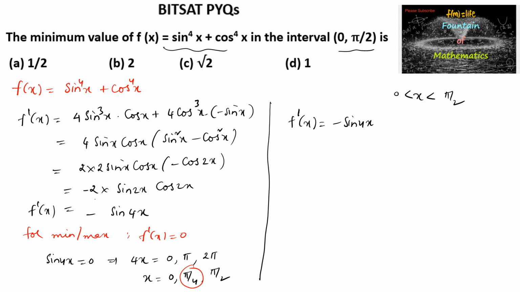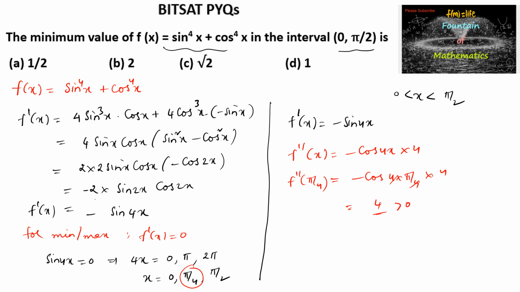Let us find first whether it is a minima or maxima at this point. So f double dash of x is equal to minus cos 4x into 4, and f double dash of pi by 4 gives minus cos 4 into pi by 4 into 4, and cos pi value is negative 1, so negative of negative is plus 1, so 1 into 4 is 4, which is positive.